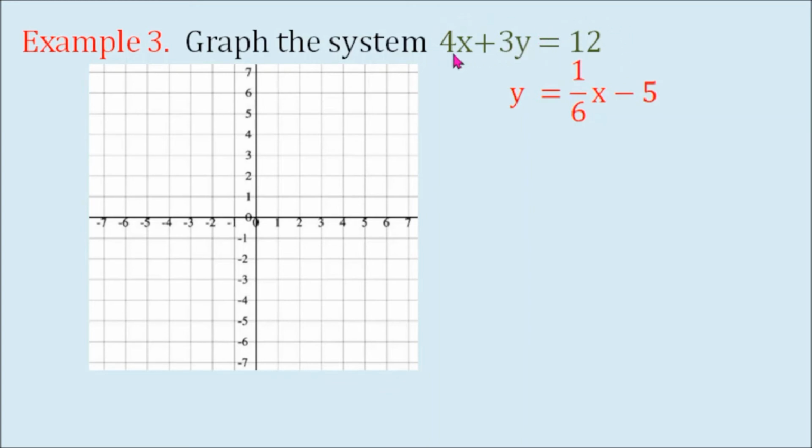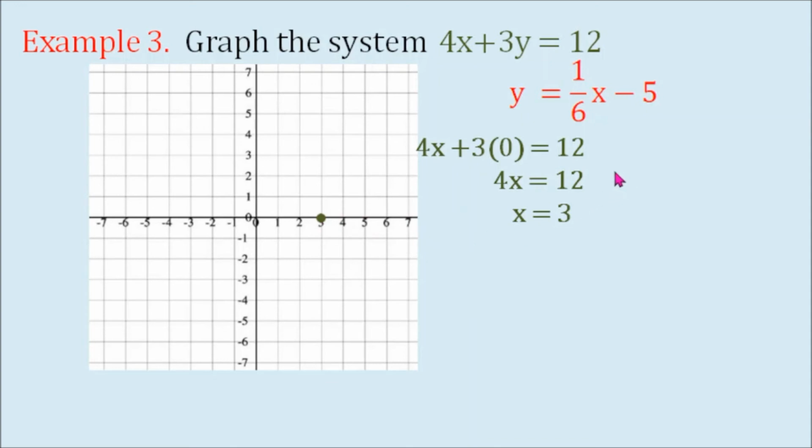So to find the x-intercept, we are going to replace this y with 0. So that's 4x plus 3 times 0 equals 12. And 3 times 0 is 0, so we have 4x equals 12. Dividing both sides by 4, x equals 3. So x equals 3 is here.